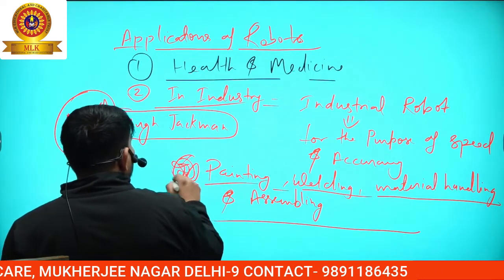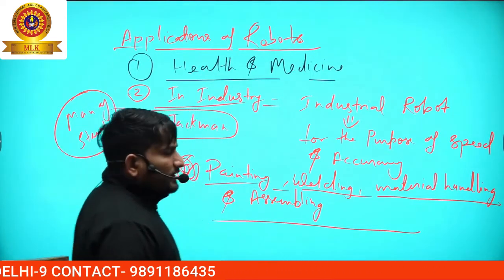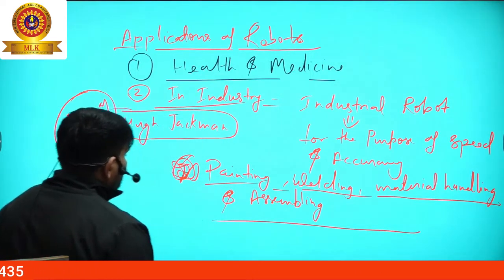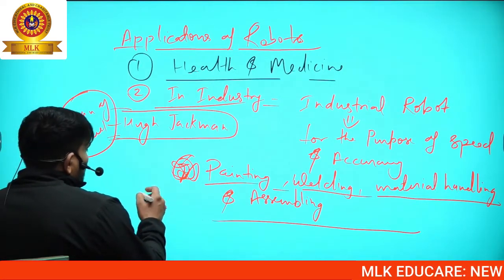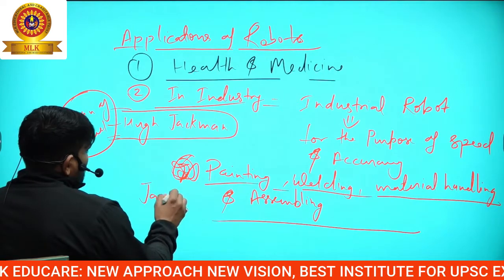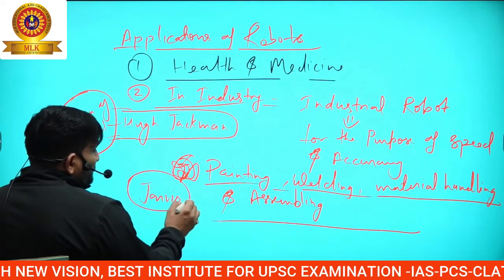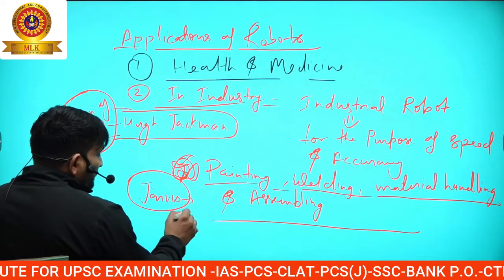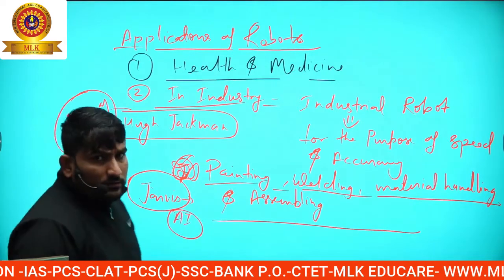So in the Iron Man movie, na, you have observed that there was a robot and the robot's name was what? Jarvis. Actually, Jarvis was a software, okay, software with AI enabled.